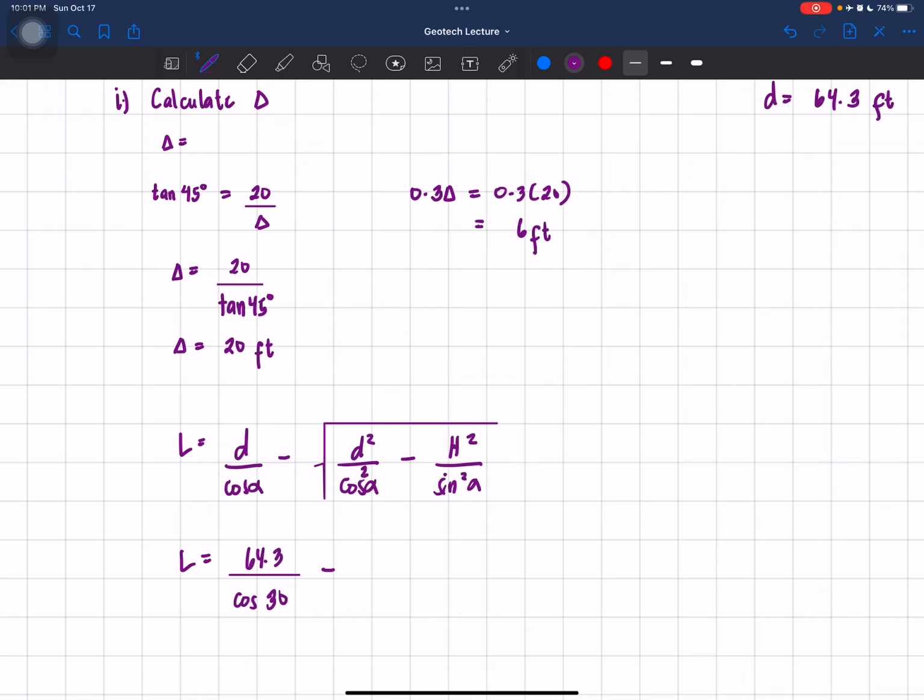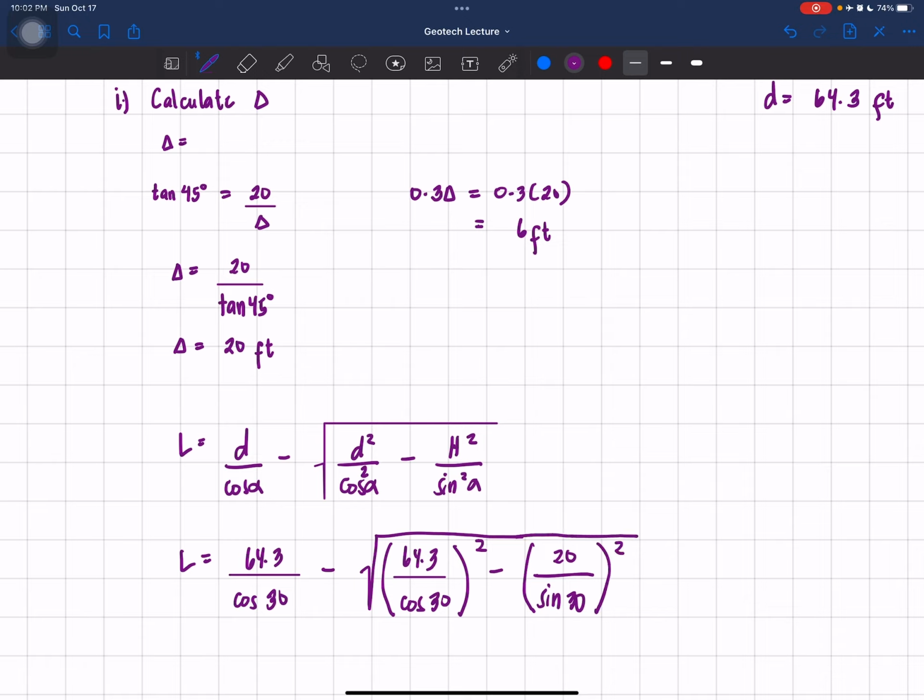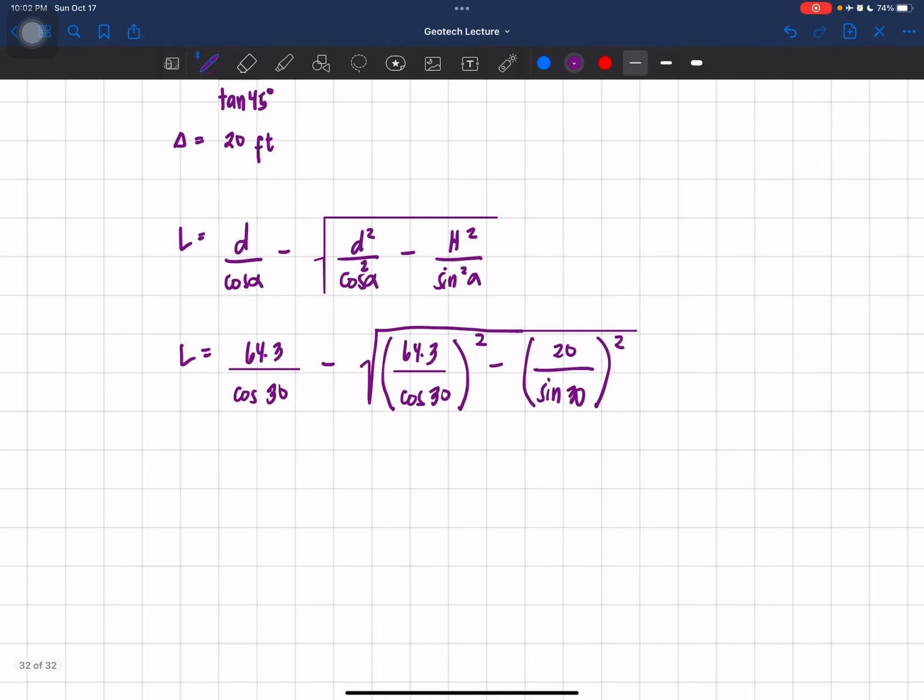Minus the square root of 64.3 all over cosine 30, let's just square them, and then minus 20 all over sine 30 squared. So your L now is equal to 11.7 feet.